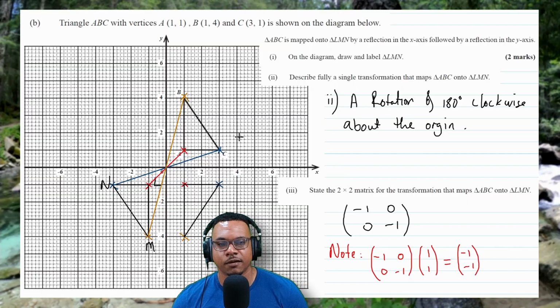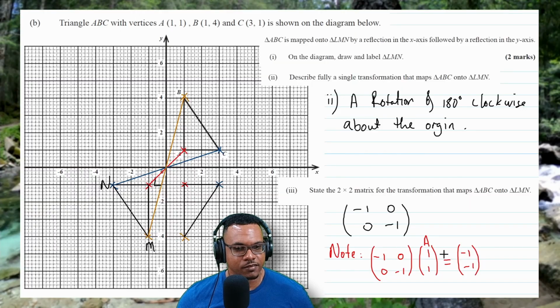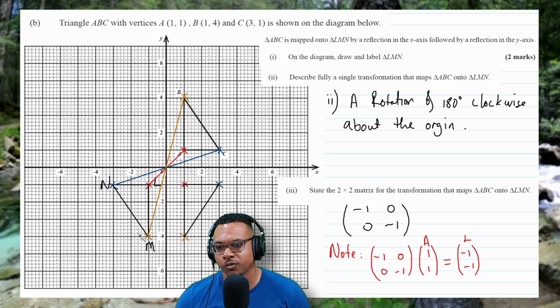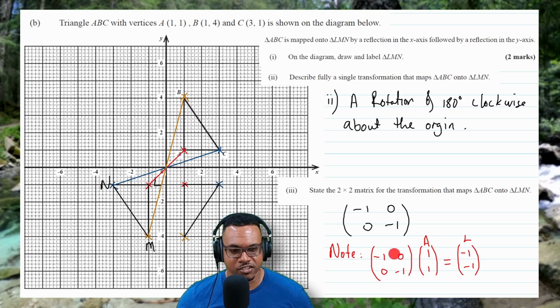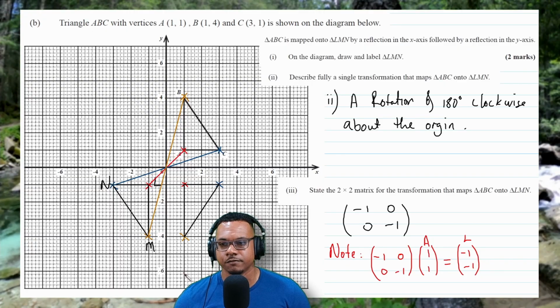So this is coordinate A, this is L, the image, and this is my transformation matrix. If I do that same thing for all 3 points, I'm supposed to get the coordinates for the image. And that's it for this video.